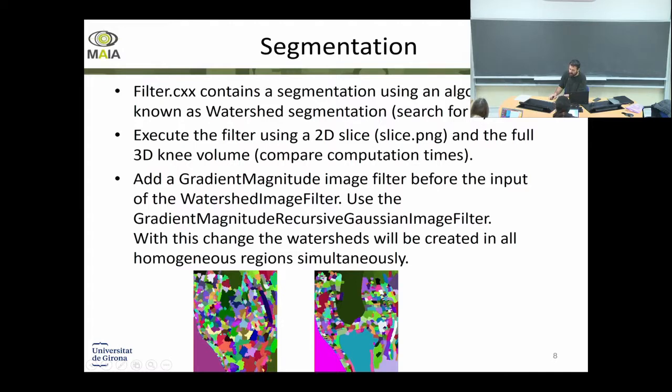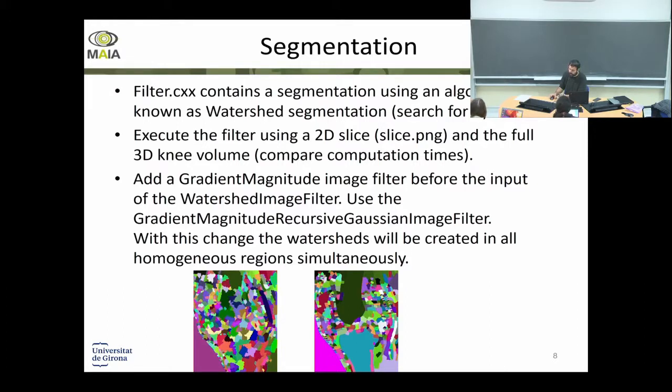That is because the watershed needs as an input not the intensity image, but the gradient image. Because it's important to find the edges, not the intensities, not the absolute values. So basically, what we have to do is to put one filter in front of the input of the watershed, and this filter is the gradient magnitude filter. Does it make sense?